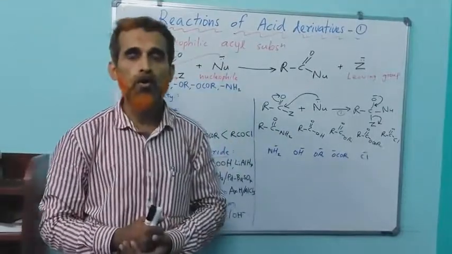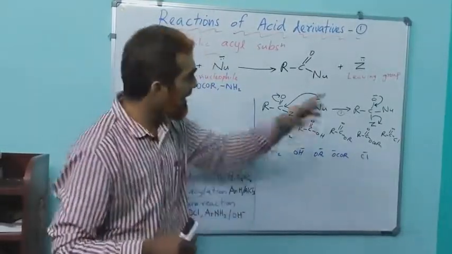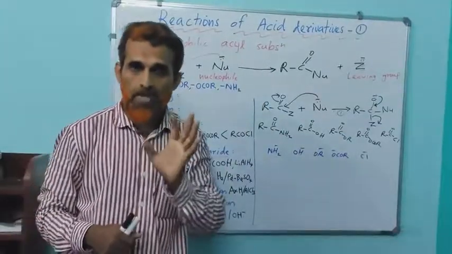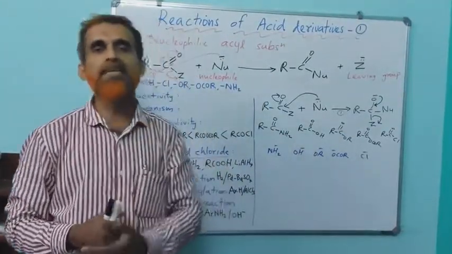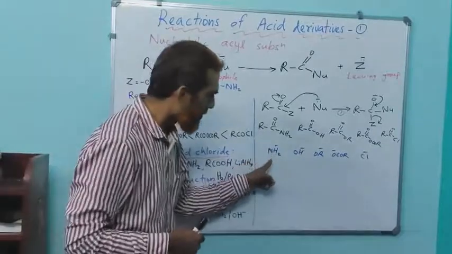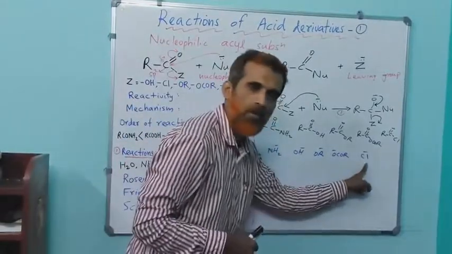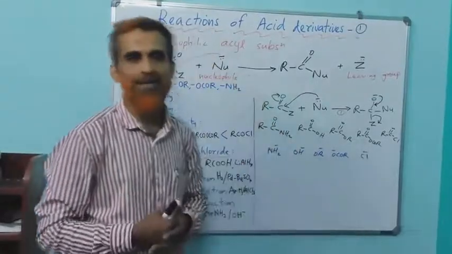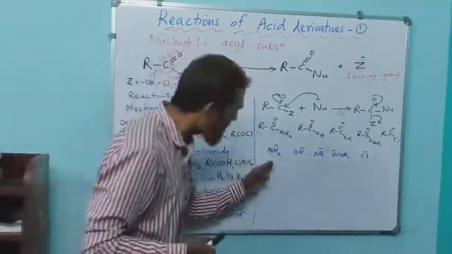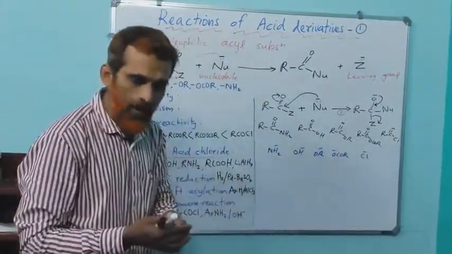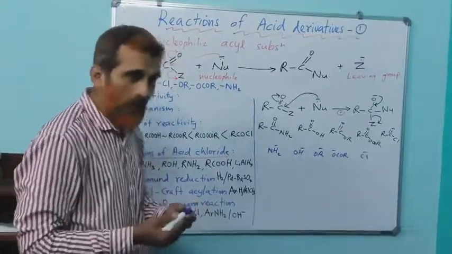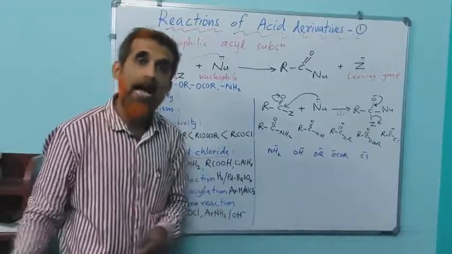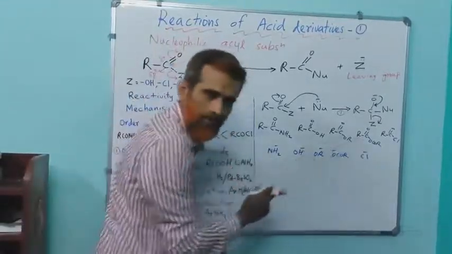How do you justify this? As I said earlier, the leaving group tendency depends on the basicity. What is the rule? Weaker the base, better the leaving group. So basicity decreases in this order and leaving group tendency increases in this order. Then why does basicity decrease in this order? How do you understand that? For that, you can consider the corresponding acids. These are bases, okay?